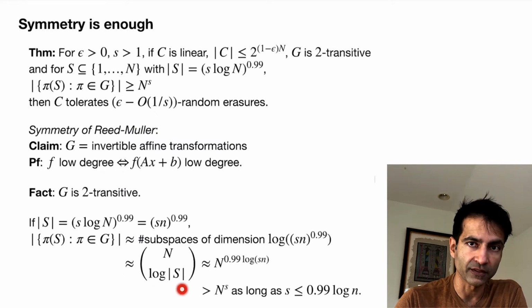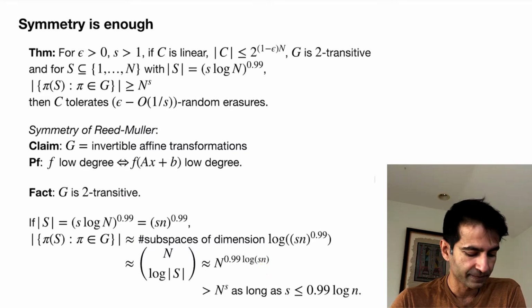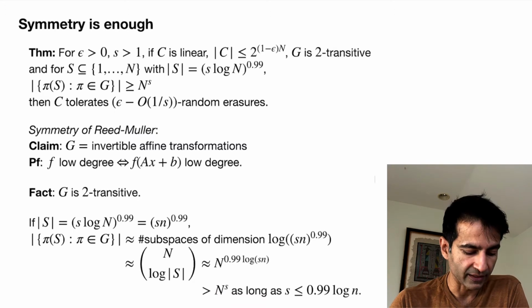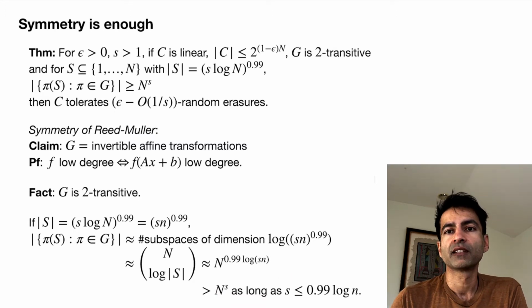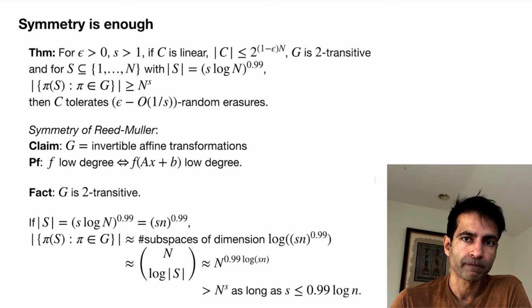And now the number of such subspaces you can count as roughly n divided by log of the size of set S, which works out to be approximately n to the power 0.99 log S times the number of variables, which is larger than n to the s as long as s is smaller than log n.